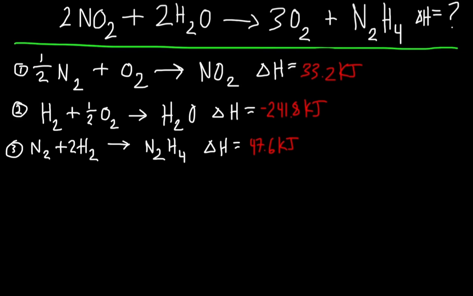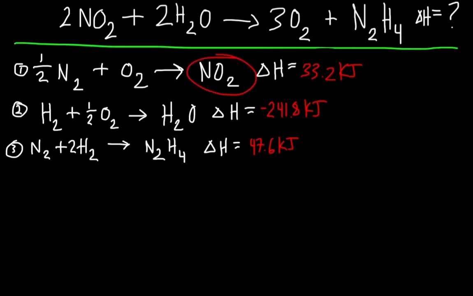Now let's try this problem here. So we have to find the enthalpy change of this equation here again. So we'll begin in reaction 1. So in reaction 1, N2 is also found in reaction 3, so this is not unique. And O2 is found in reaction 2, so we can't use that.